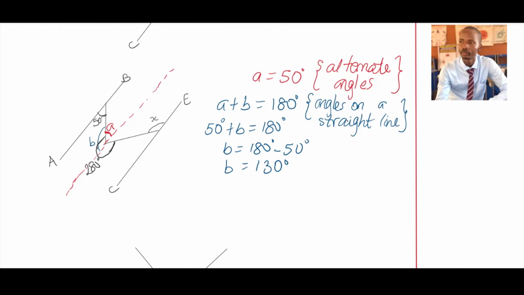So it means that these remaining parts, this part here, let's call that angle C. So we can conclude that C is going to be 280 degrees minus 130 degrees, because B plus C will give us 280 degrees.